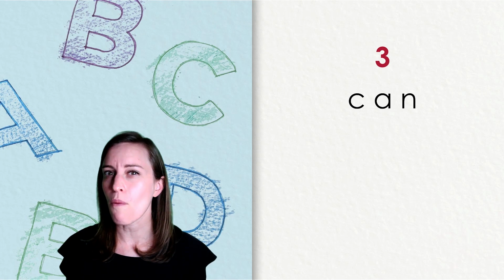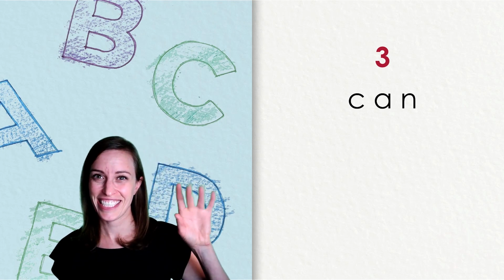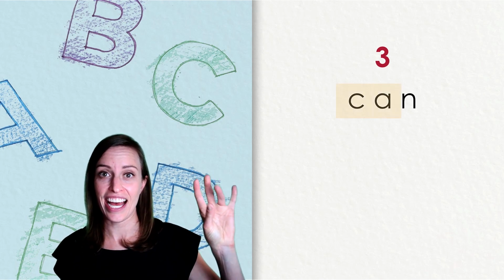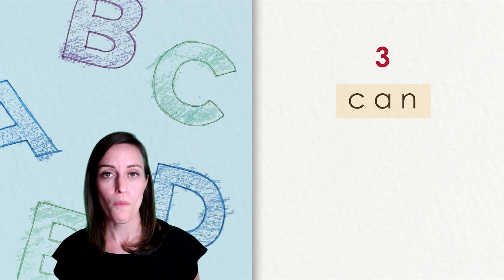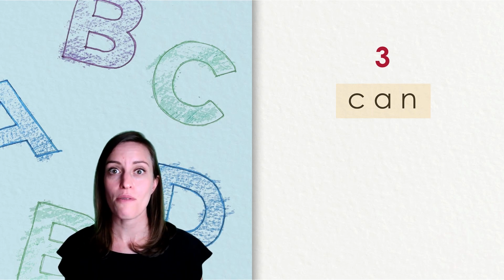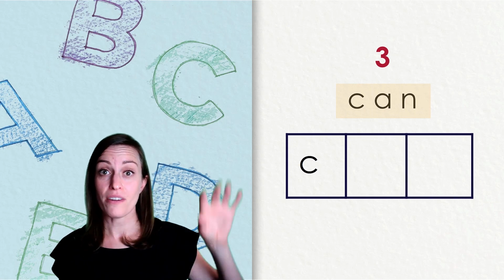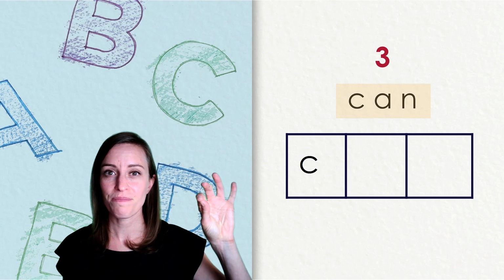Let's try it one more time. Segment with me. K, an, can. Now we're going to put each sound of the word can into sound boxes. The first sound, k, will go in the first box.